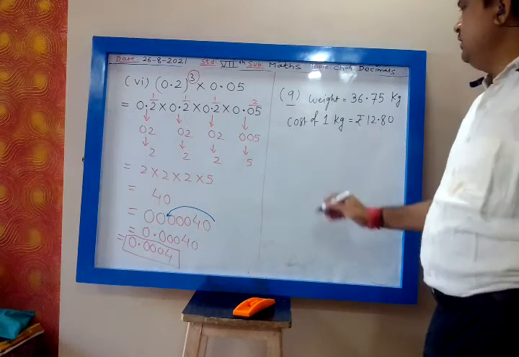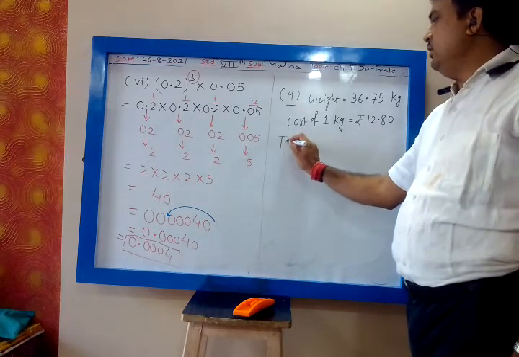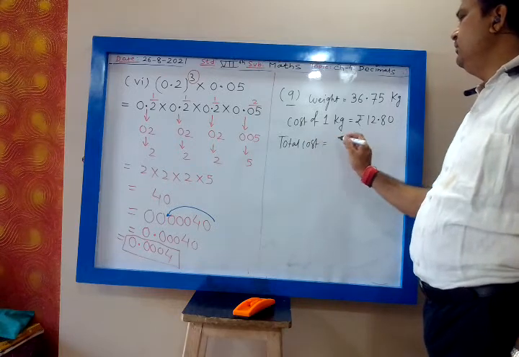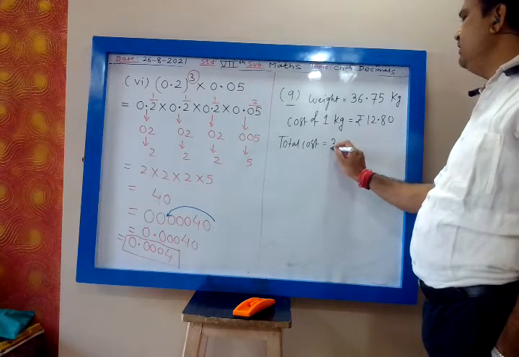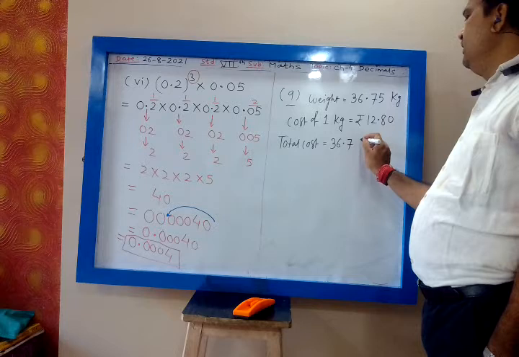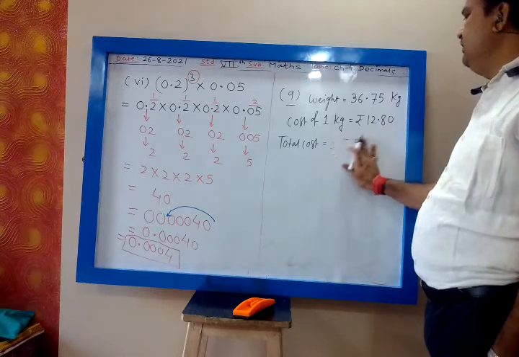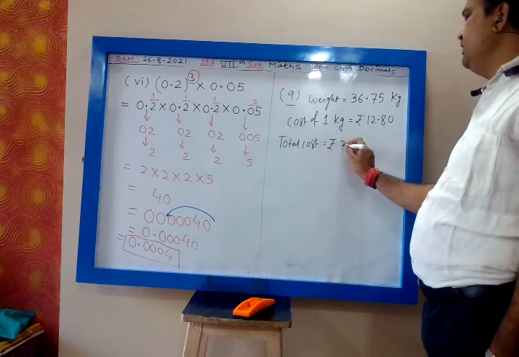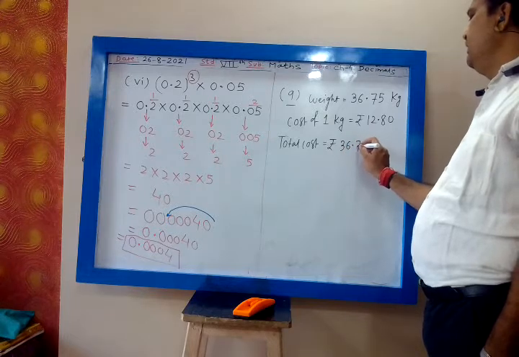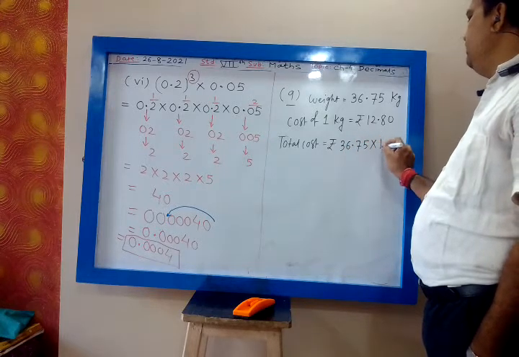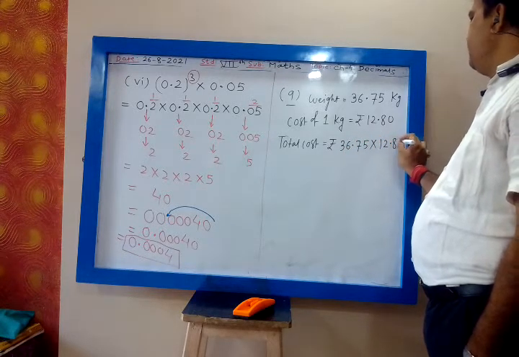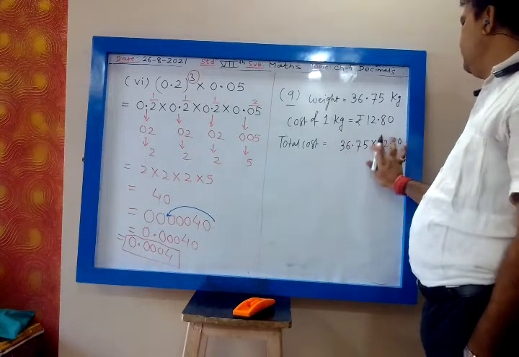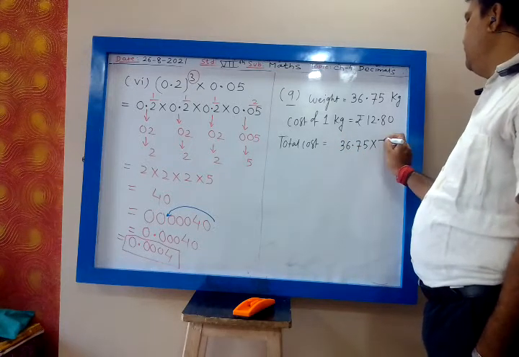Find the total cost. So total cost will be weight multiplied by cost of 1 kg, that is rupees 36.75 multiplied with 12.80.